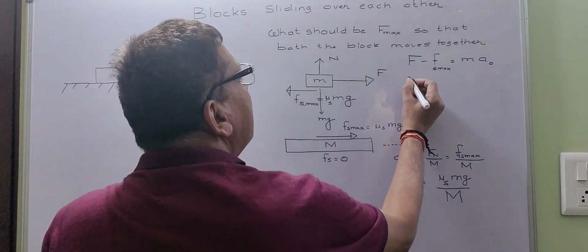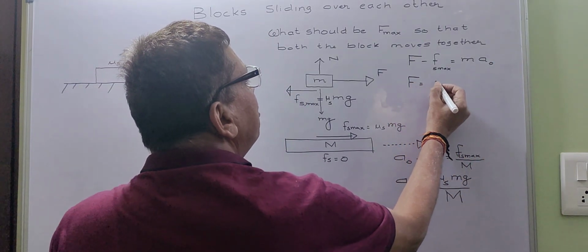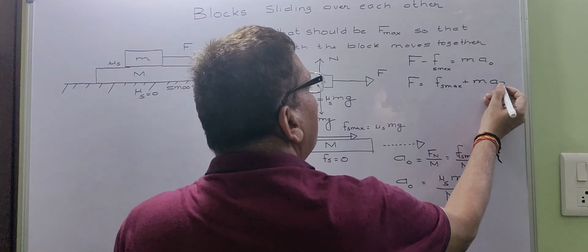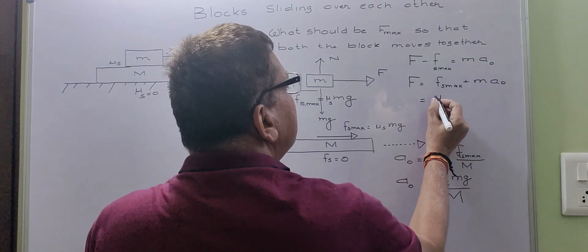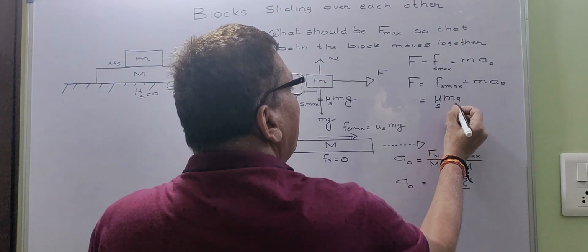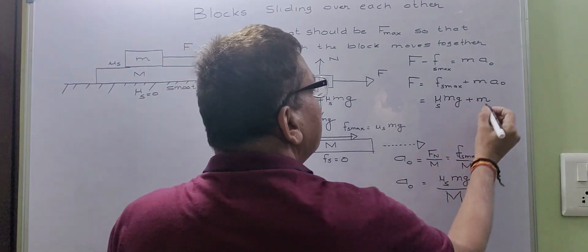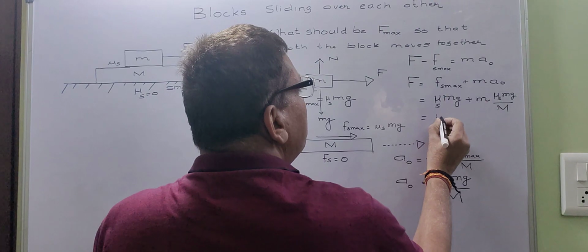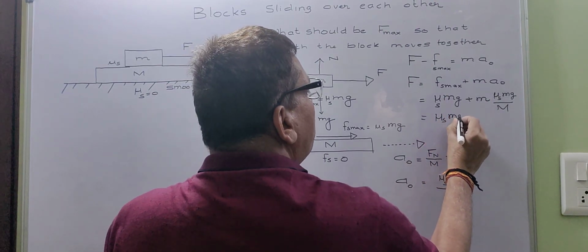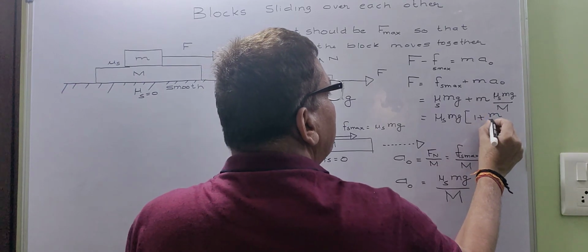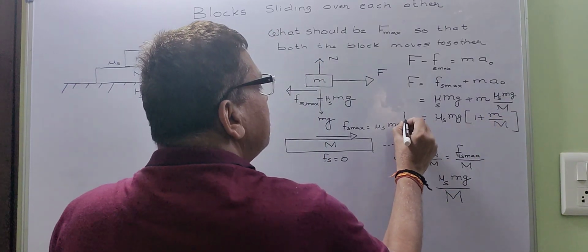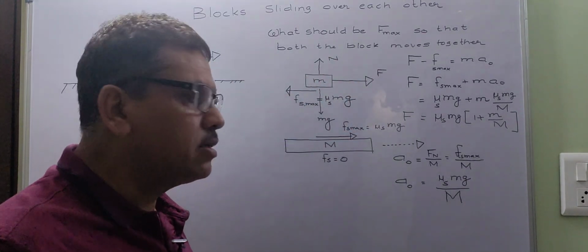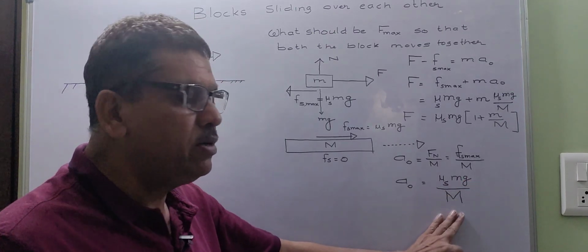So the maximum value of force can be decided from here: F is Fs max plus m a0, and Fs max is mu s mg, plus m times the acceleration mu s mg by M. So I can take mu s mg common, and this is 1 plus m by M. Is it clear? This is the maximum value of force at which both these blocks will move together in rightward direction, with acceleration mu s mg by M.